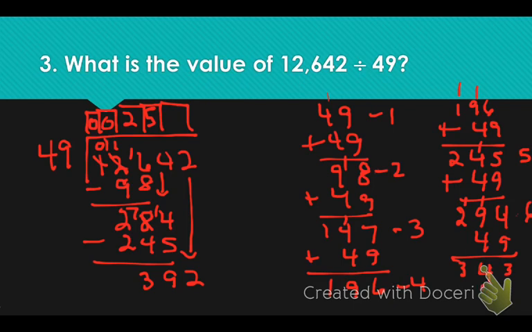If I do another 49, I get 392. So this was 7, and this was 8. So the answer here is 258. If you got that, check mark. Go, next one.